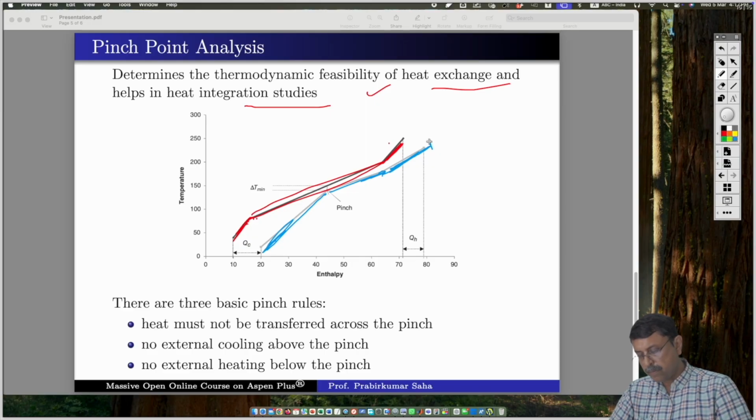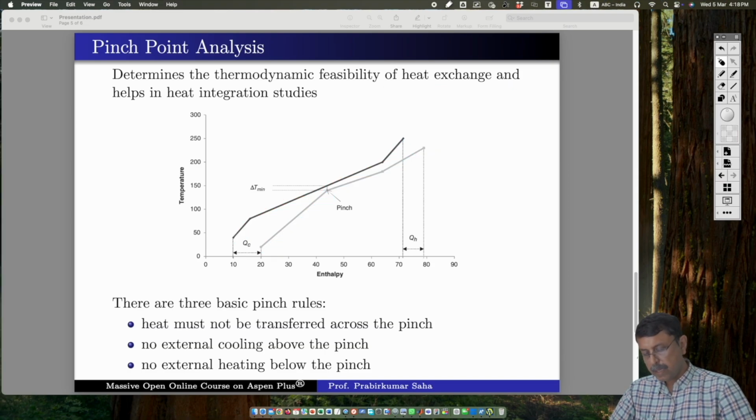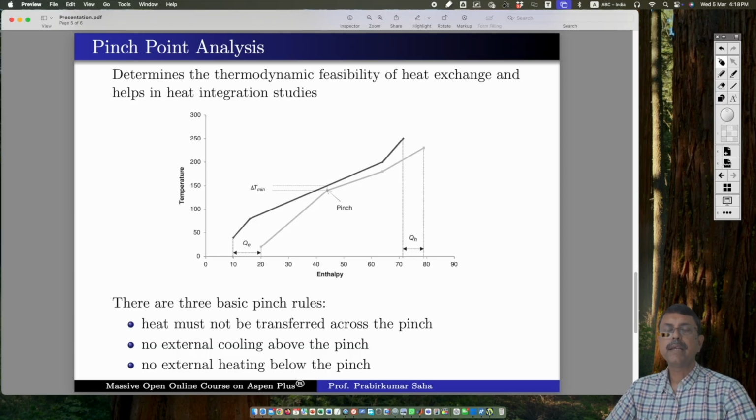So the entry point and exit points of all the hot stream and cold stream can be determined from the process. And one can find the diagram in this manner, and this is called the pinch point. Okay, so the aim of the pinch point analysis is to find out the pinch point.